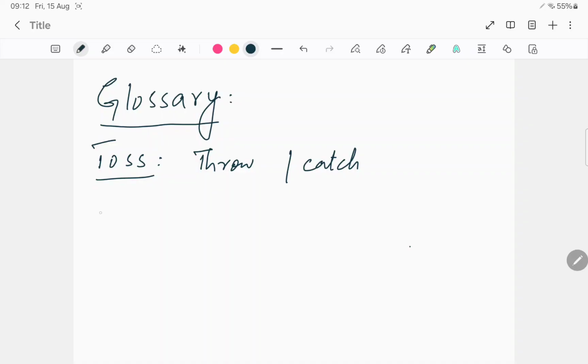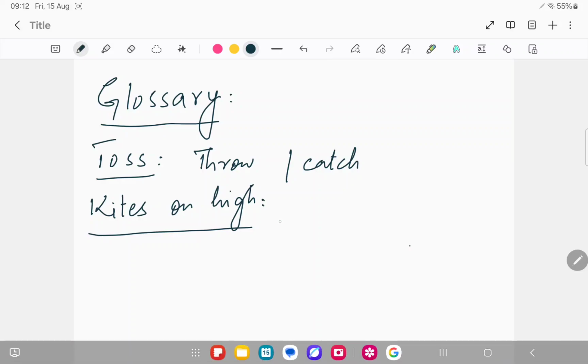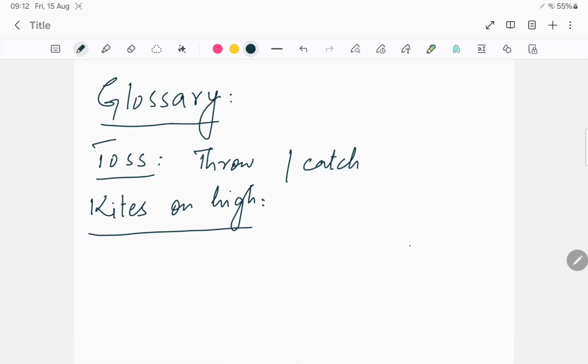The next phrase I have here is kites on high. Well, in the context of the poem, it means that the wind is tossing the kites on high, which means the kites are aloft.